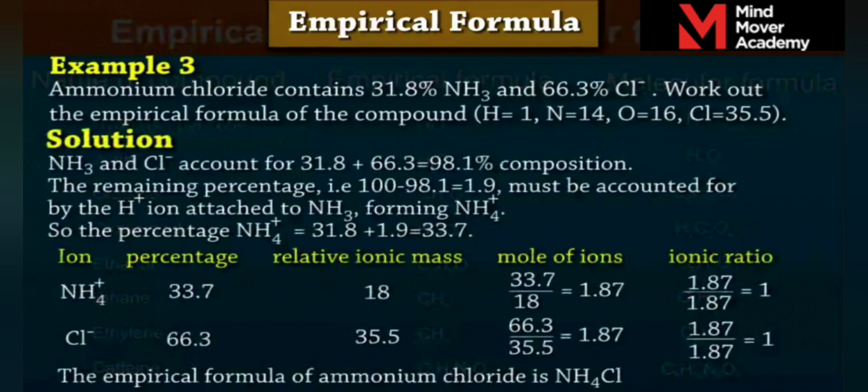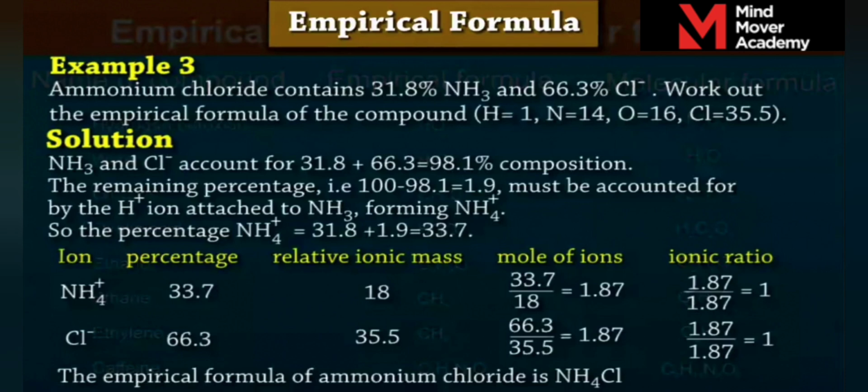Ammonium and chloride ion account for 31.8 plus 66.3 equal to 98.1% composition. The remaining percentage, that is 100 minus 98.1 is equal to 1.9, must be accounted for by the H+ ion attached to NH3 forming NH4+. So, the percentage of NH4+ is equal to 31.8 plus 1.9 is equal to 33.7.